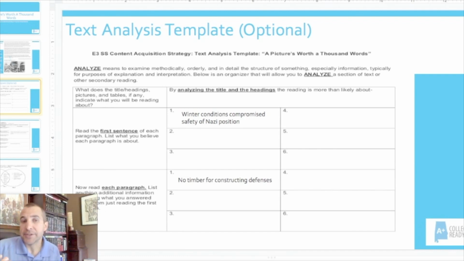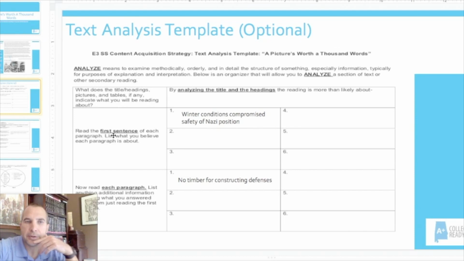For instance, if students are working on this strategy for the first time in August or September, and you're really still trying to build a lot of those reading comprehension skills, the idea behind this text analysis template is to teach them how to interpret a difficult, challenging, perhaps informational text.